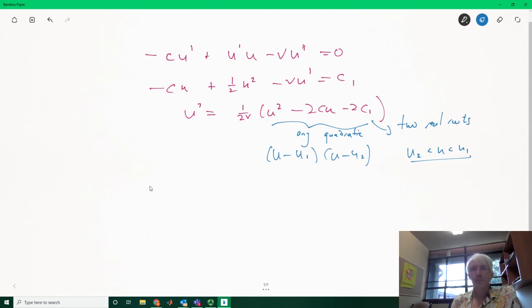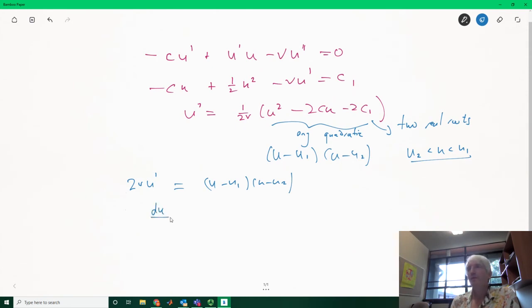So we've got 2 nu u dashed equals u minus u1 times u minus u2. Then we rearrange that and it's separable.